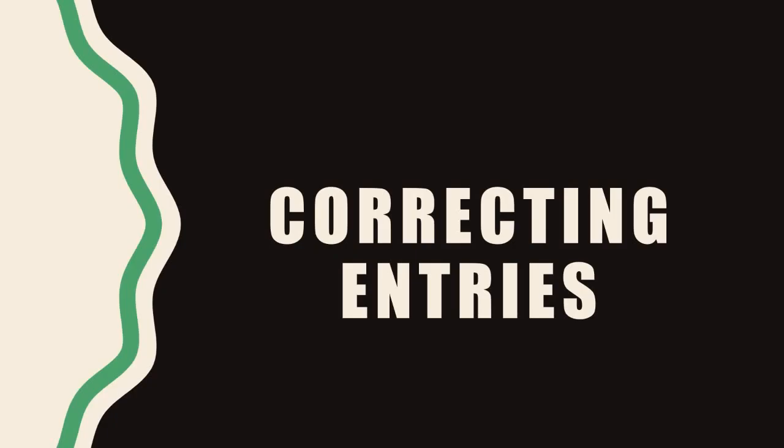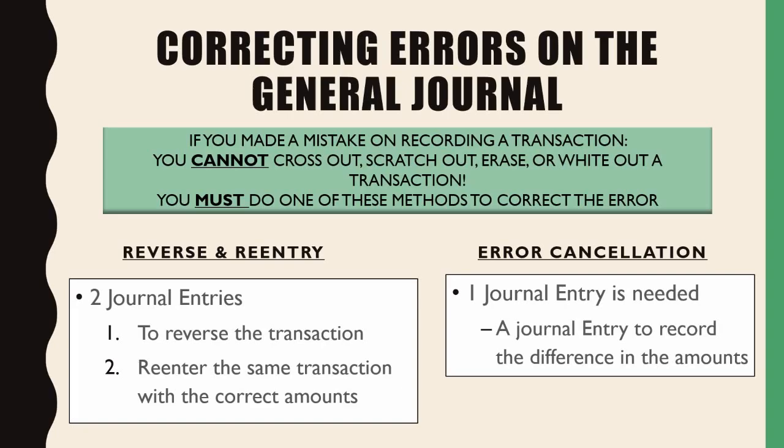So then correcting entries. Of course, we come here to learn how to properly journalize. So therefore, we will be making mistakes left and right. Okay, this is room for learning. And we're not in the professional world where if you accidentally make an error, you just get lectured and et cetera.